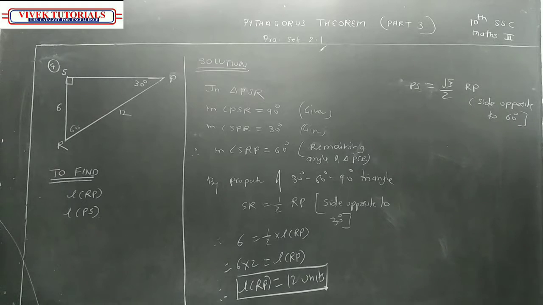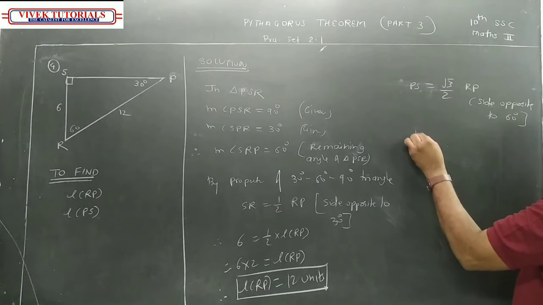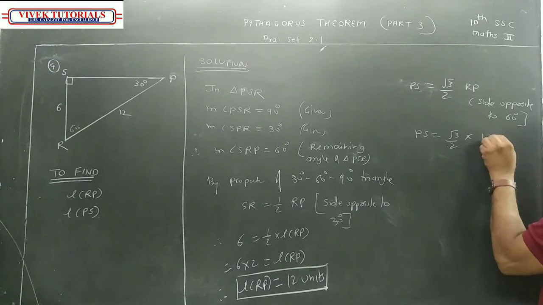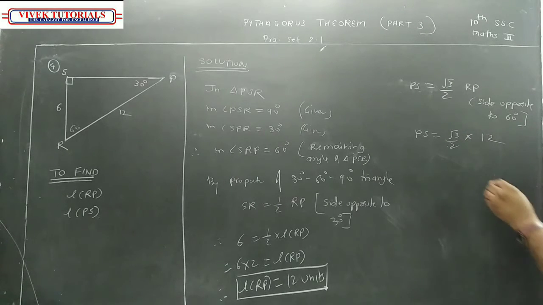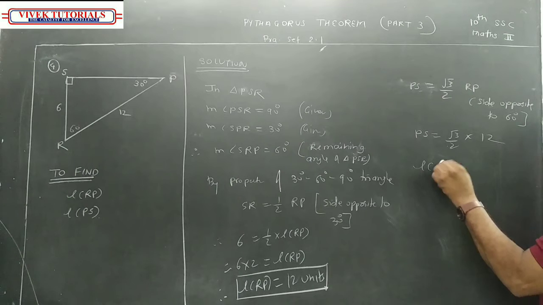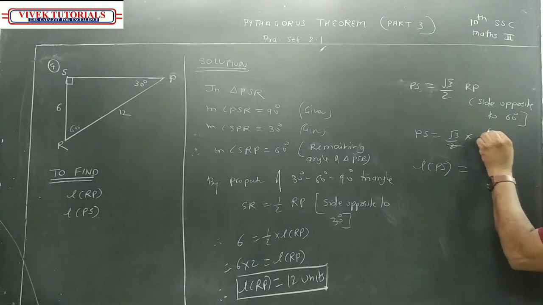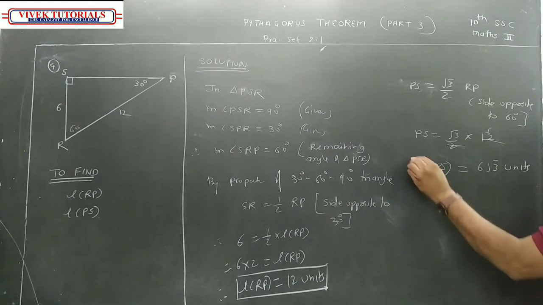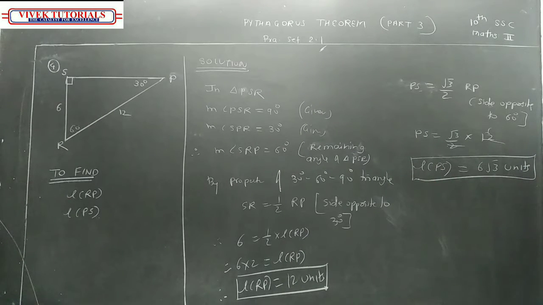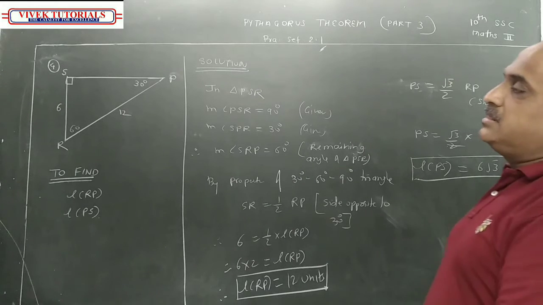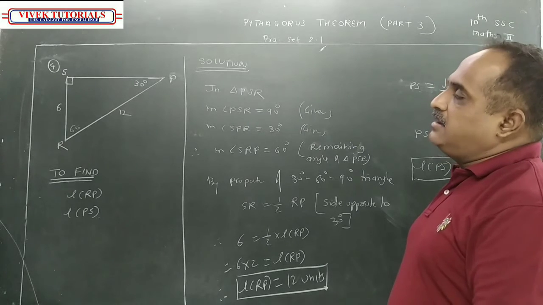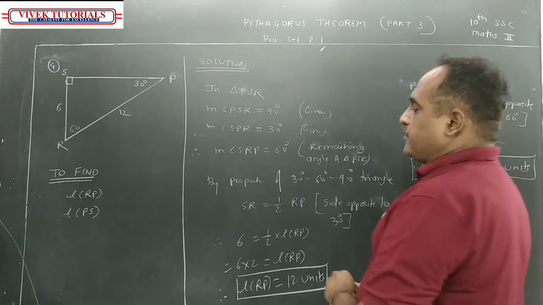Then PS, we don't know the value of PS. Root 3 upon 2 into, we got the value of 12. So length PS is equal to, we can cancel this, I get 6 root 3 units. That we are going to put in the box. I think you have understood it properly. That you should know the 30, 60, 90 degrees triangle theorem or property.